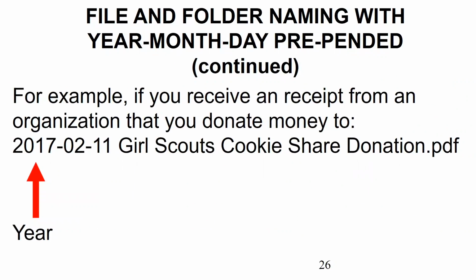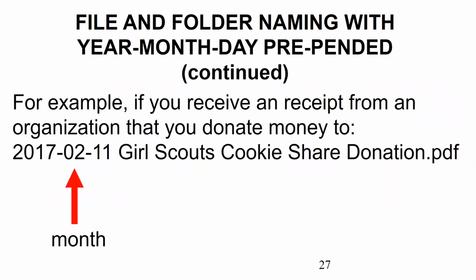And I finally got smart, and somebody told me that that was dumb. And now I name each one, and this is the file I'm about to make, 2017-02-11 Girl Scout Cookie Share Donation PDF. And it'll sort nicely if I have a pile of donation files, and even nicer if I have it in a tax folder.